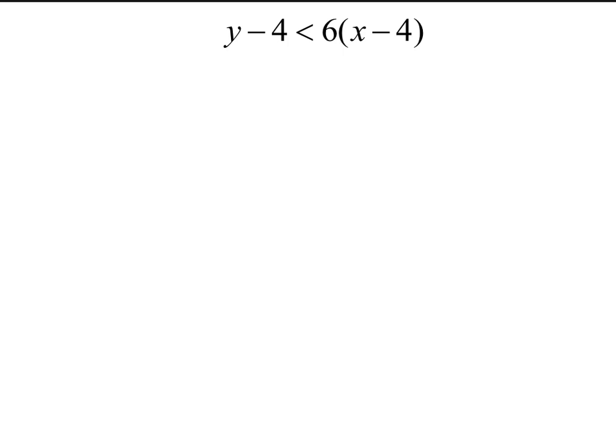What's the first thing that we need to do to solve this inequality? Esteban. Leave, change, switch, and distribute. y plus negative 4 is less than 6 times x, and 6 times negative 4 is negative 24.